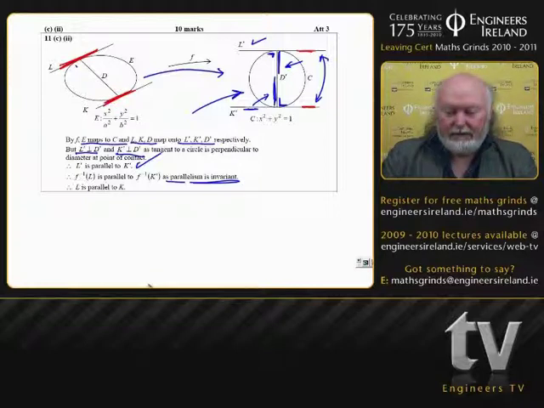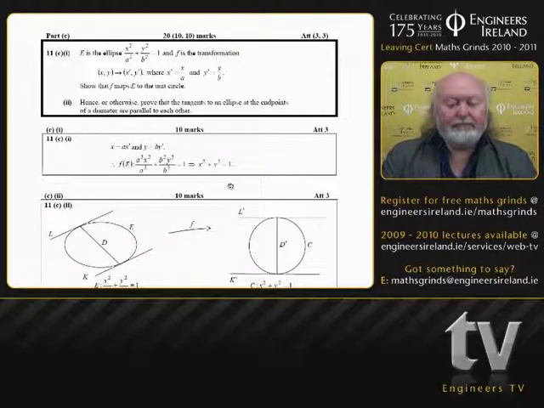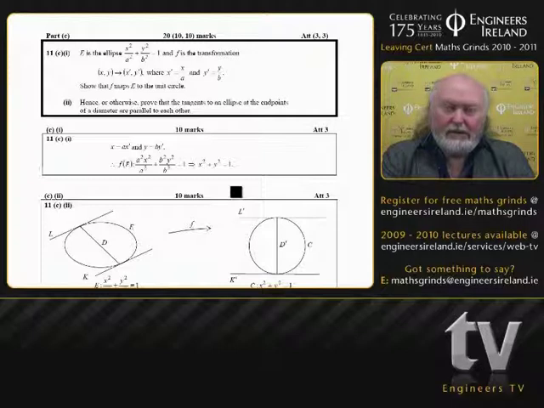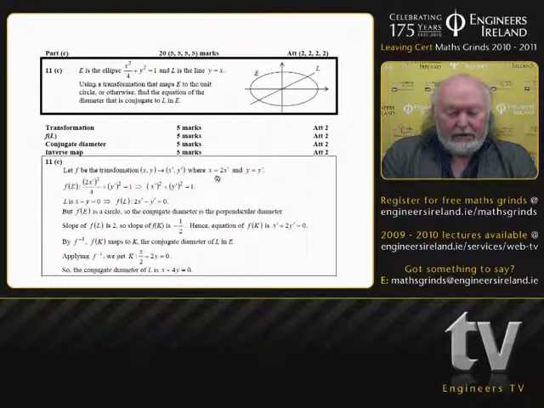Now let us look up at the question. We were just asked to prove it. We didn't even get told which one of the linear transforms we had. It was just pretty straightforward.